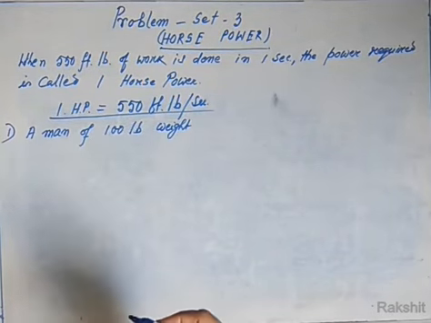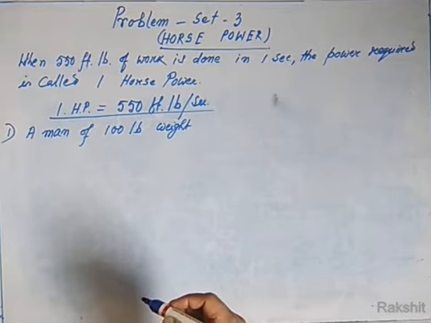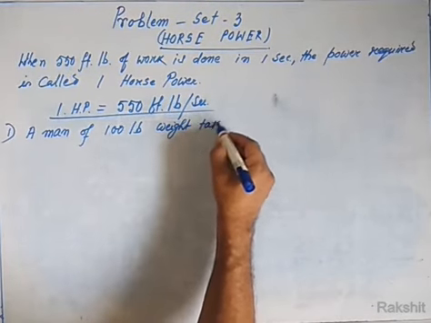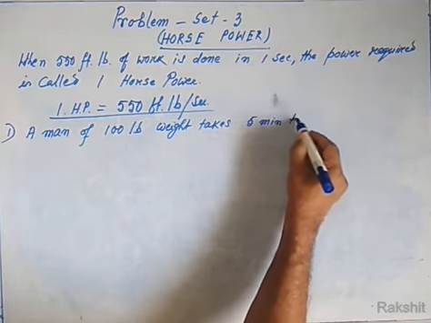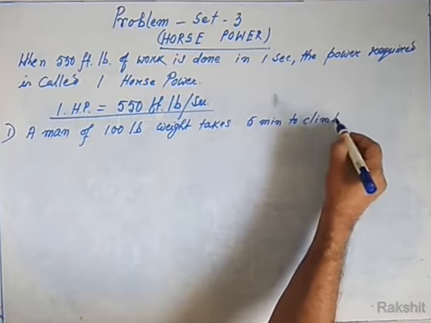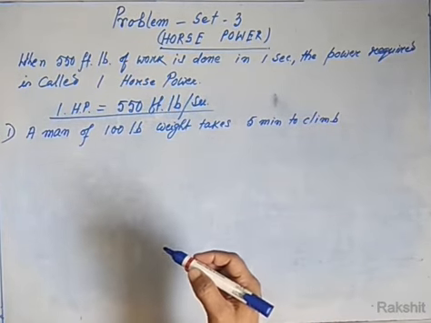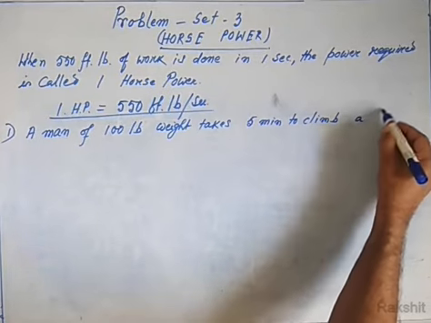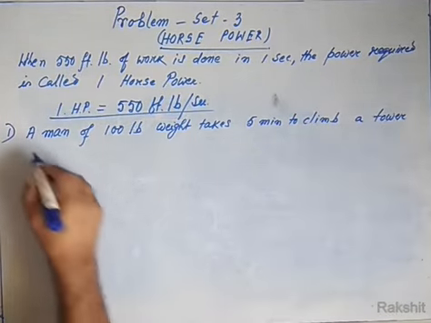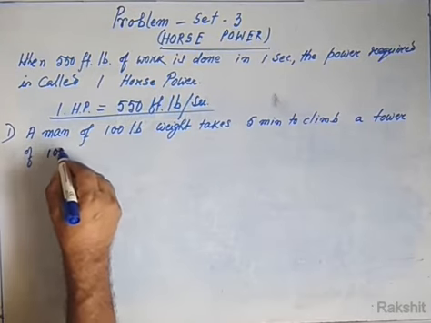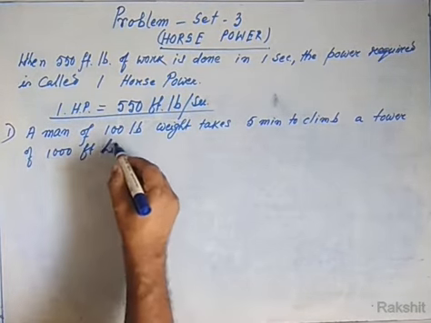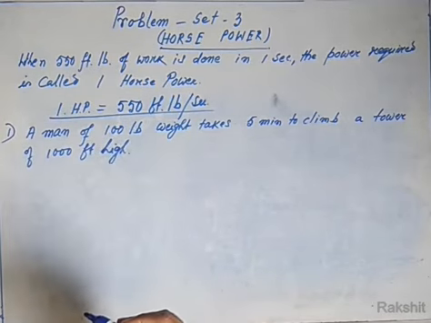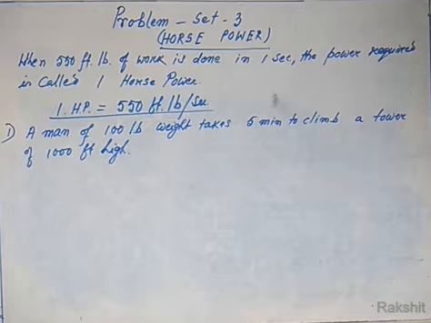A man of 100 pound weight takes 5 minutes to climb a tower of 1,000 feet. What is the horsepower of the man?